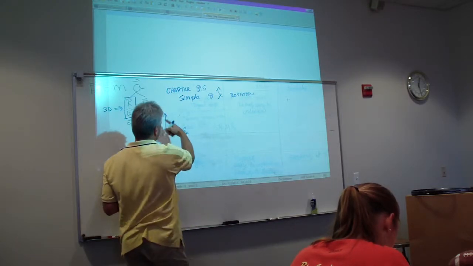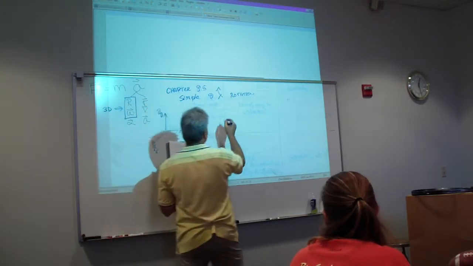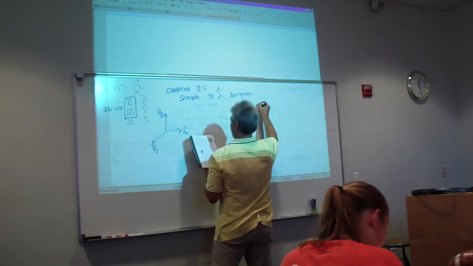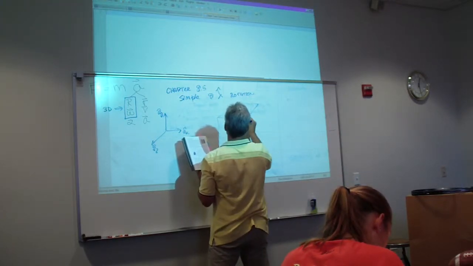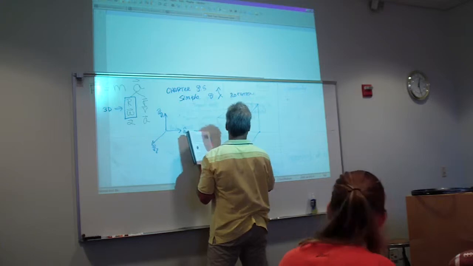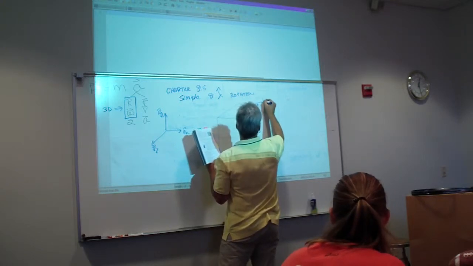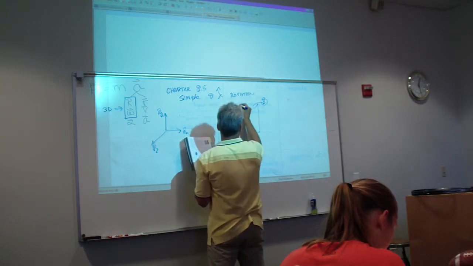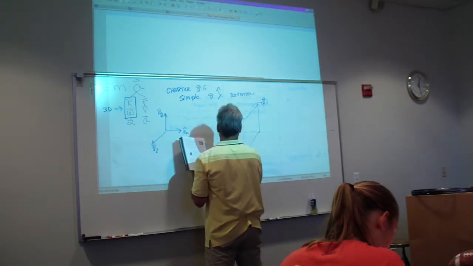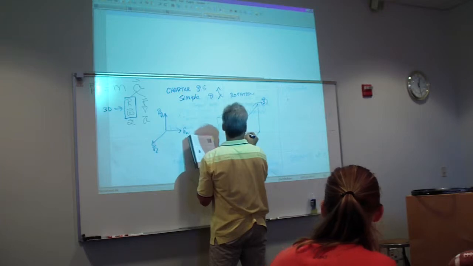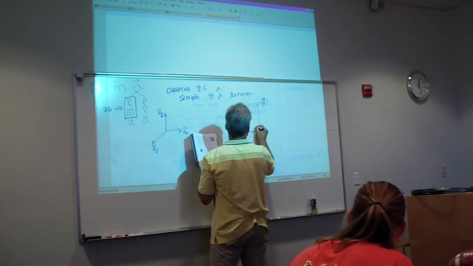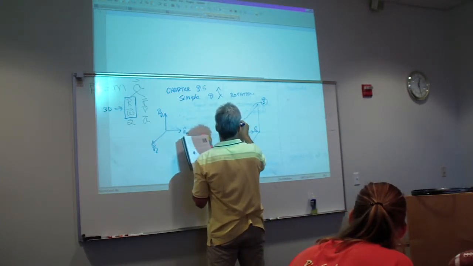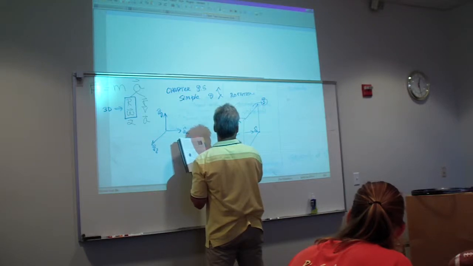So here's a set of 3 unit vectors, and then here's an object, B, and inside of B, initially aligned with A, is Bx this way, By is up, and Bz is up.